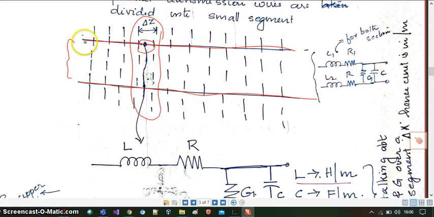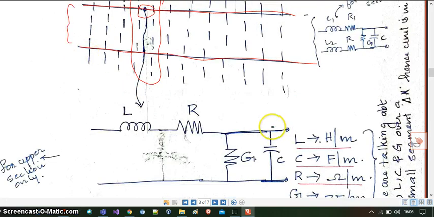Now I told you that these are two parallel conducting wires separated by a dielectric medium. That means it acts as a capacitor. That is drawn across the two arms. Here, the capacitor.